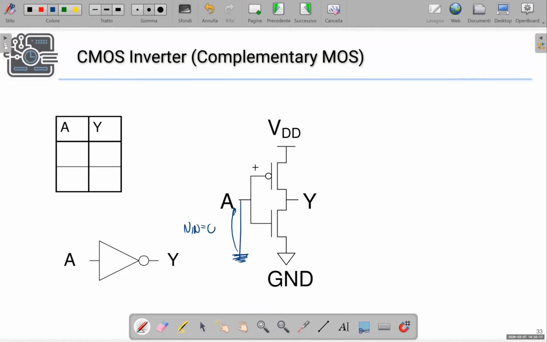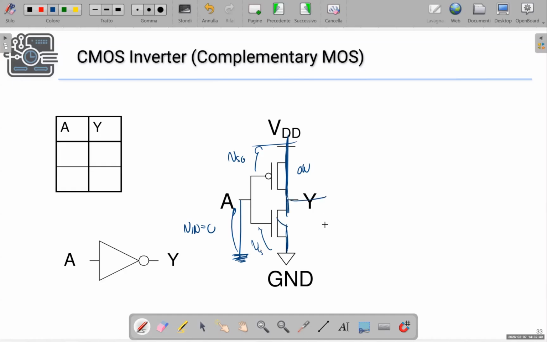In this case, the source gate voltage of the PMOS device is equal to VDD, so the PMOS device is on, while the NMOS device, which has a gate source voltage equal to 0, is in the off region.